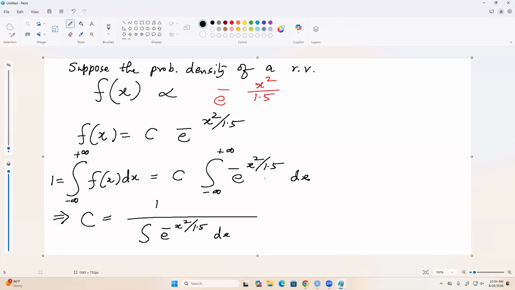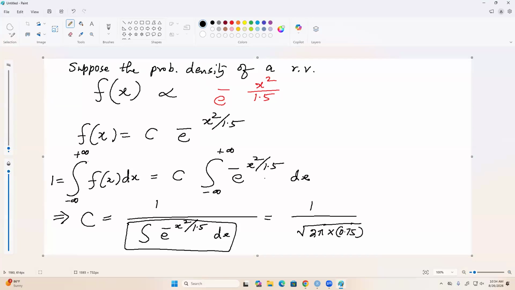Using the gamma integration, one can evaluate that, and it becomes the square root of 2π times 0.75.